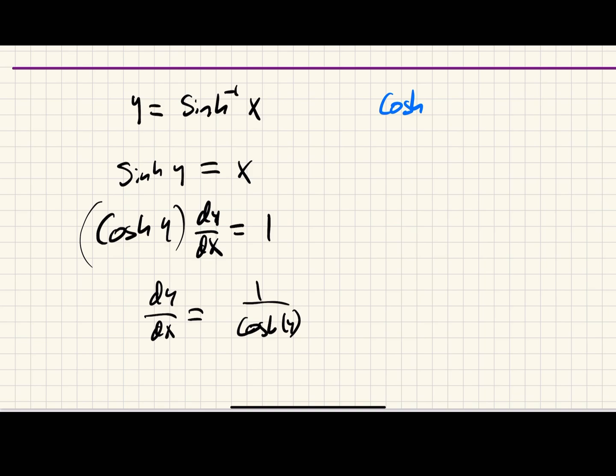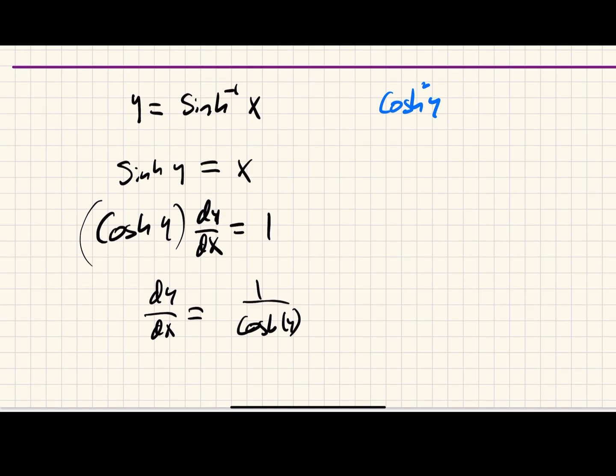Sine squared plus cosine squared is 1? Yeah. So how does that work with hyperbolic functions? It works like this. Square of hyperbolic cosine minus square of hyperbolic sine is 1.